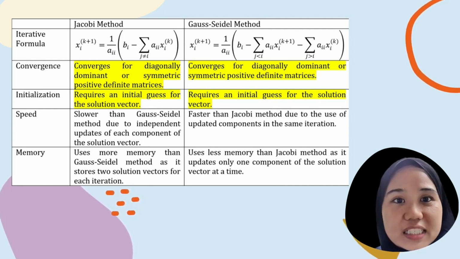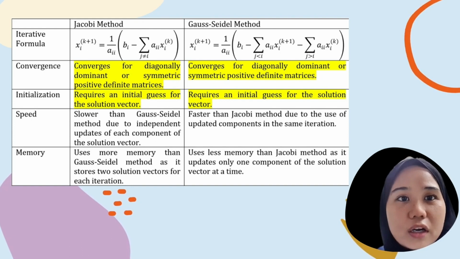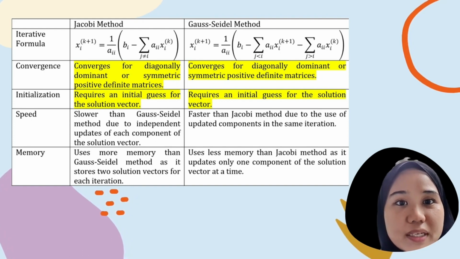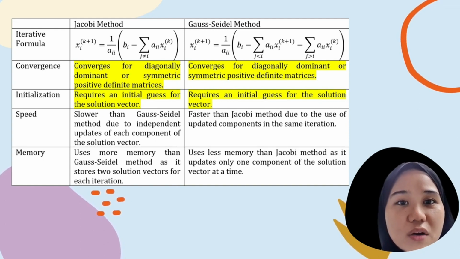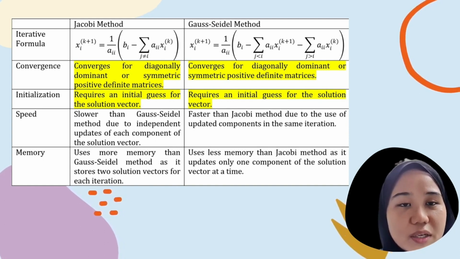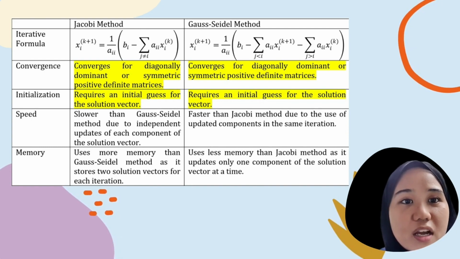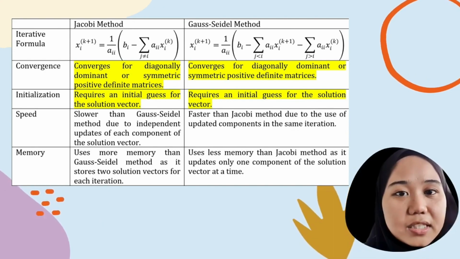Fourth comparison is the speed. The Jacobi method is slower than the Gauss-Seidel method due to independent updates of each component of the solution vector. Gauss-Seidel is faster than the Jacobi method due to the use of updated components in the same iteration. Next comparison is the memory.